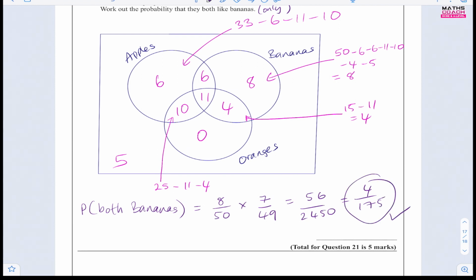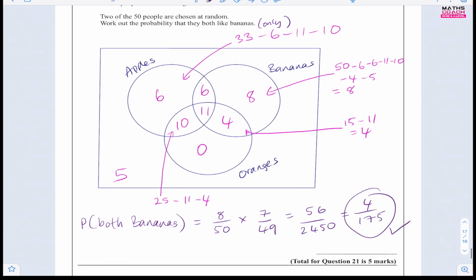175. Now, I did mention that this question needed a little bit of clarification, and I wrote down here that they only like bananas only. What if it wasn't only bananas? What if the question was just asking how many people like bananas?